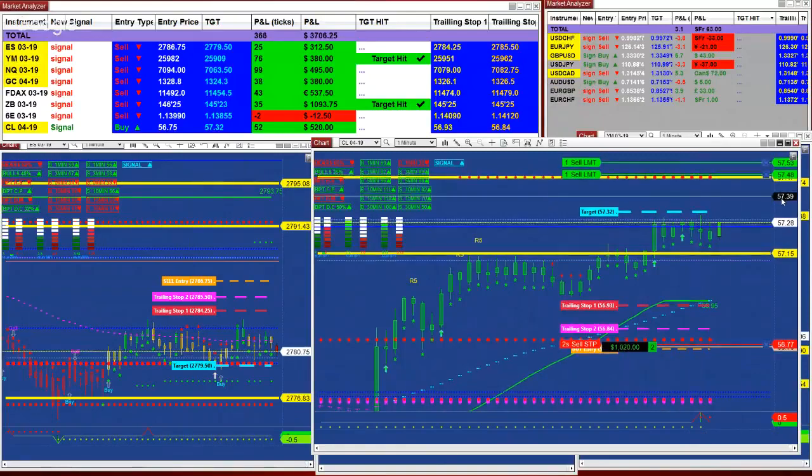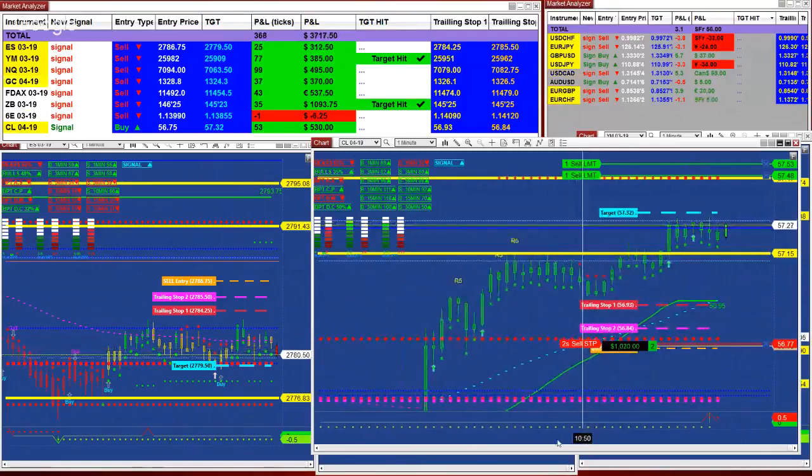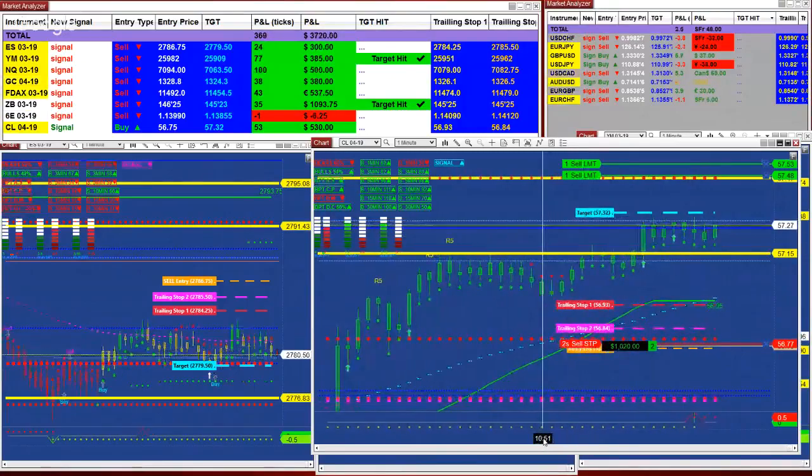So I'm trying to see if the market is able to break our line. This is really amazing, and it is right on the target. That's why it is double confirmed on that one here.